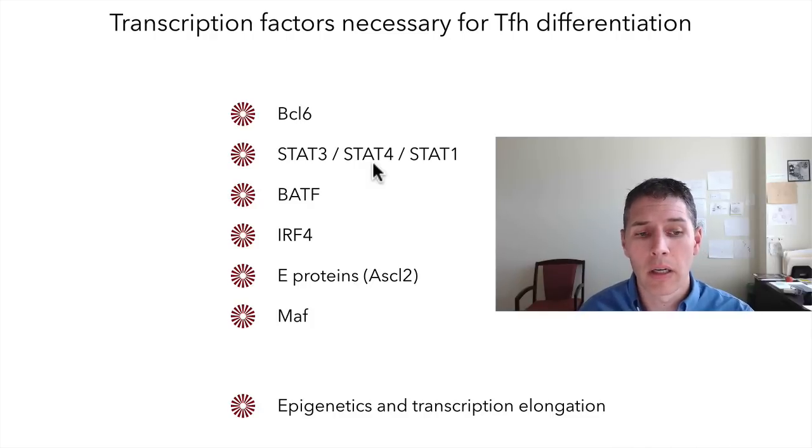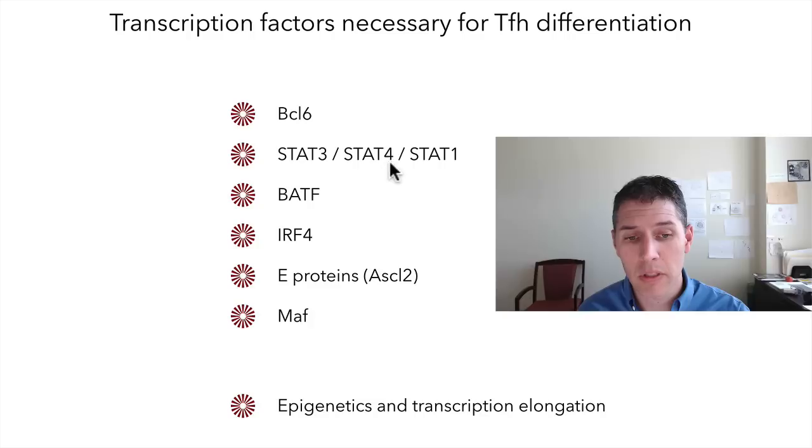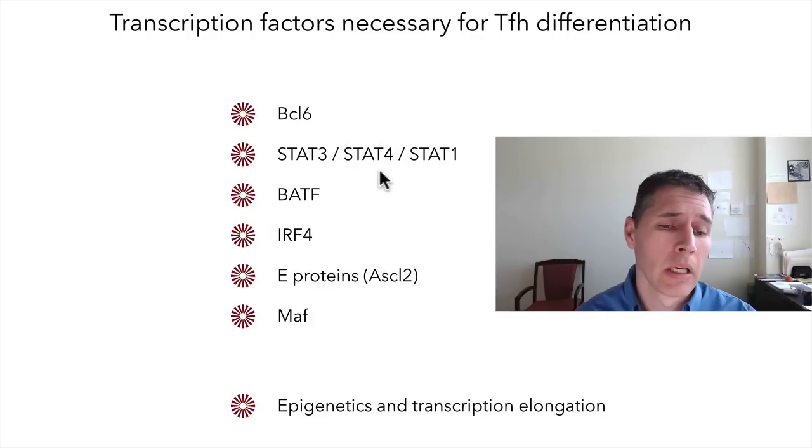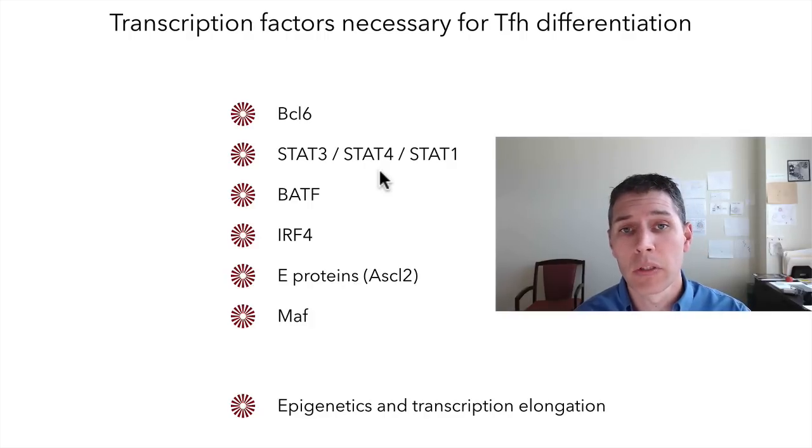This is based on both in vitro data, where for mouse CD4 T cells, STAT3 is essential for IL-21 expression, but for human CD4 T cells, it's STAT4 that is essential. And in addition, mutations in STAT3 and STAT4 in humans can both result in reductions in memory TFH frequencies in peripheral blood, indicating that both molecules do have roles.